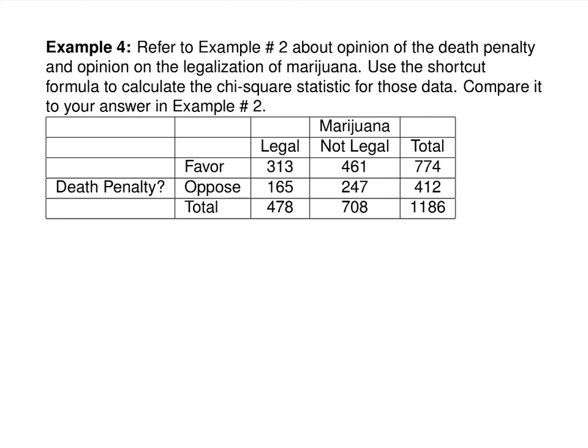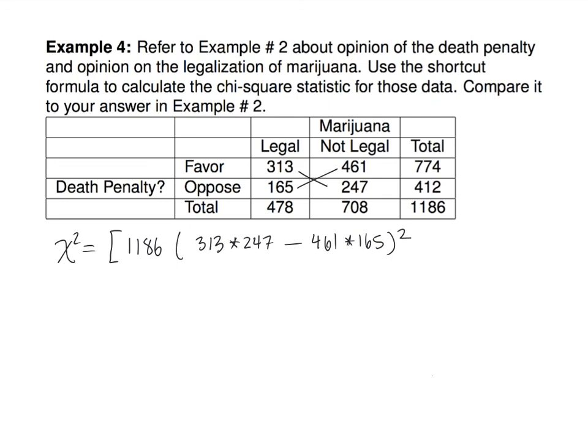So let's refer to the example about the death penalty and marijuana where we found that chi-squared was 0.017, and let's do it using the shortcut. So chi-squared is, well, the first number in the formula was n, which is 1186. And then we have AD, which are these two, 313 times 247, minus 461 times 165, that thing's squared.